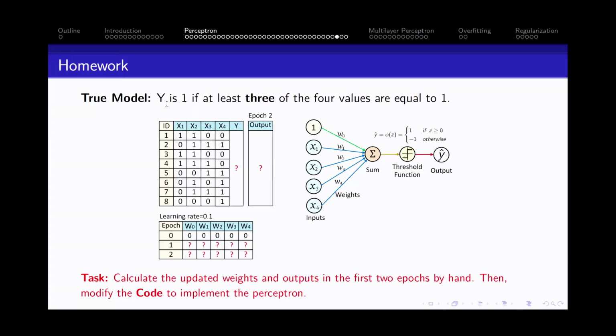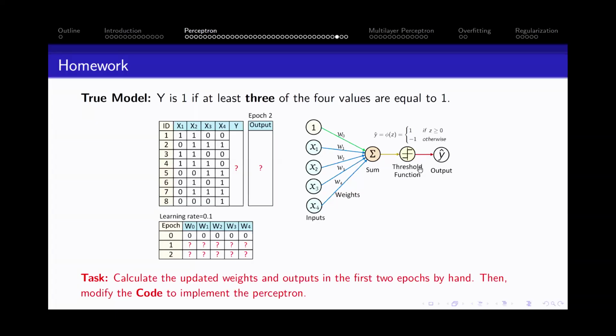So right now, y is 1 if at least 3 of 4 values are equal to 1. So you quickly fill the table because you have that criteria for your true y, your ground truth. Then for your output, which is your predicted y hat, you need to calculate this hyperplane again for 4 inputs and for 8 training examples.